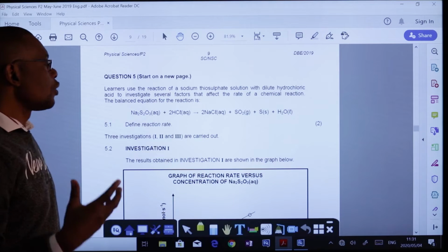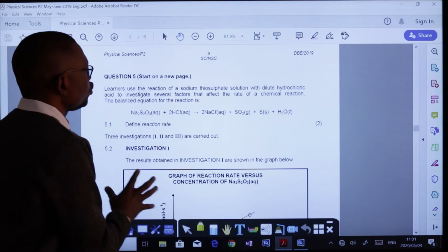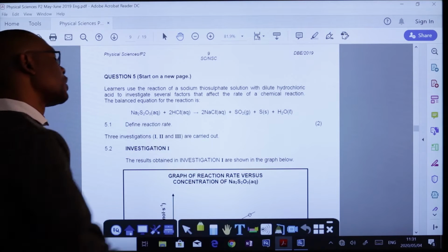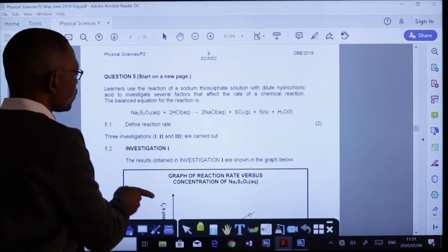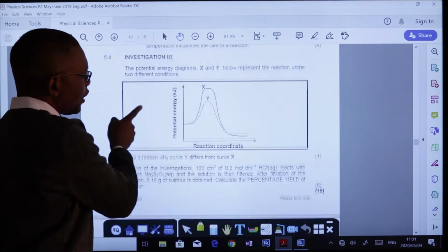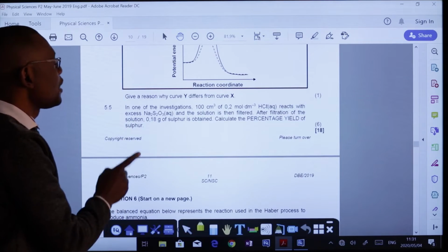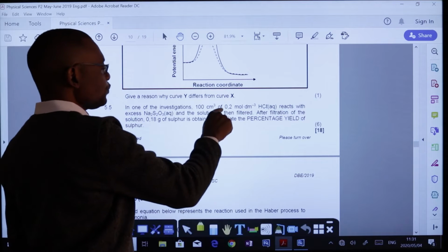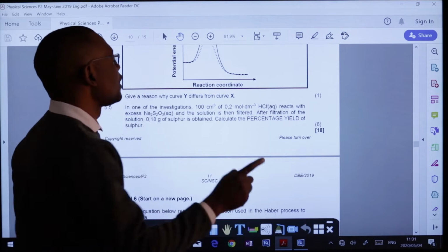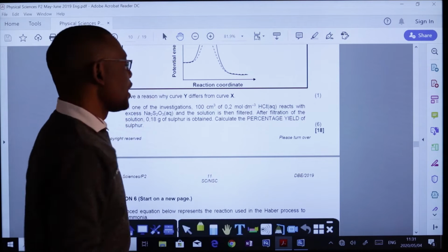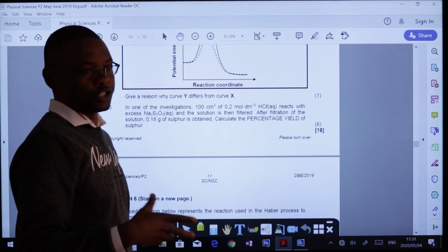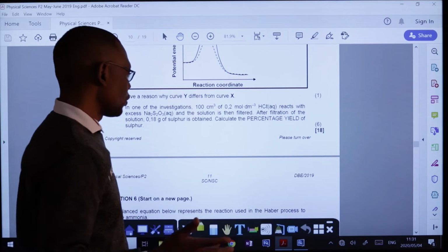What is happening, where and how. So what I'm going to do, I'm going to narrow down this equation, because the parameters we need to consider are the volume, 100 cubic centimeters, and we are saying the limiting reagent here is hydrochloric acid, and our thiosulfate is in excess, so its concentration is not going to affect how things are going to take place here.